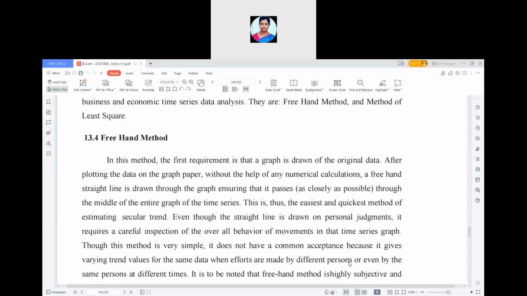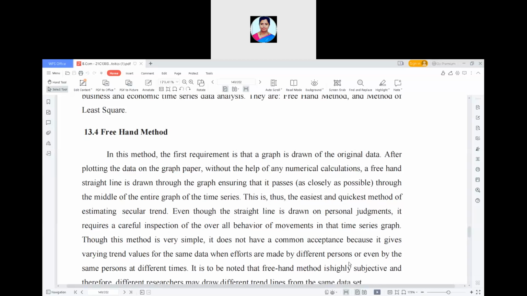Second, the sum of the vertical deviations from the trend of the annual observations above the trend should equal the sum of the vertical deviations of the observations below the trend. Third, the sum of the squares of the vertical deviations of the observations from the trend should be as small as possible.